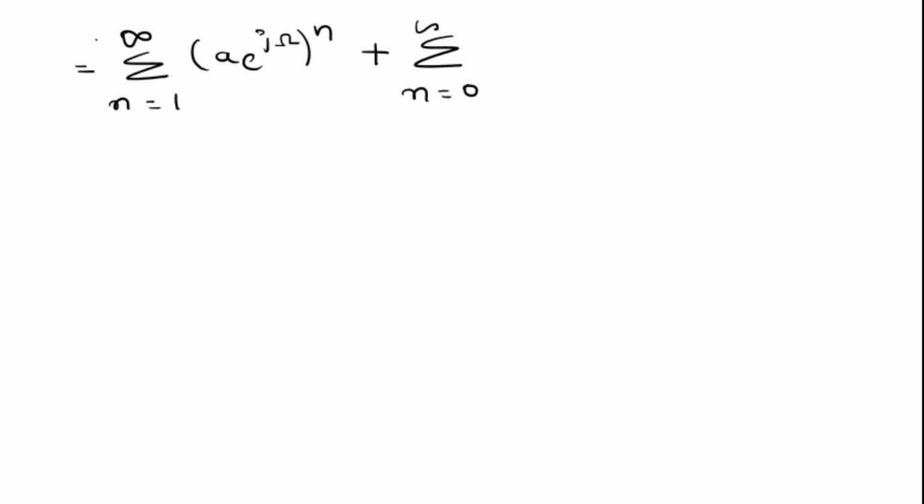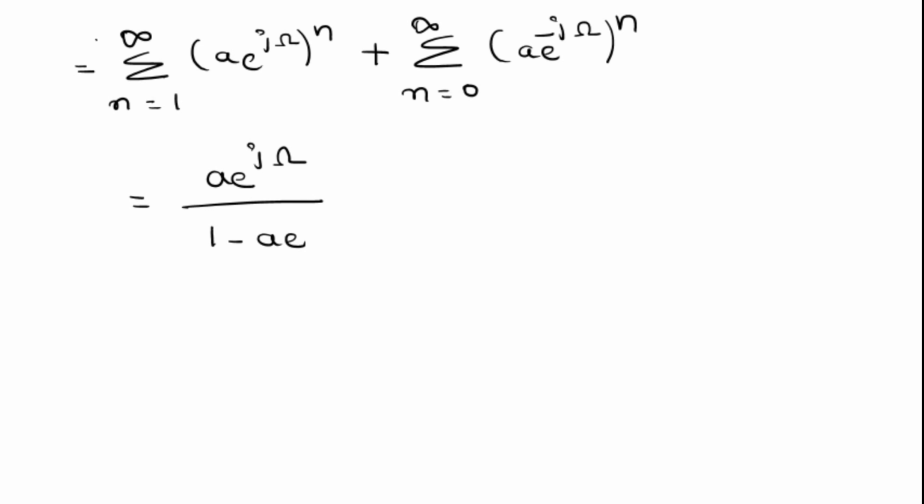which is equal to summation n is equal to 1 to infinity a into e power j omega to the power n plus summation n is equal to 0 to infinity a into e power minus j omega to the power n, which is equal to a into e power j omega divided by 1 minus a into e power j omega plus 1 divided by 1 minus a into e power minus j omega.